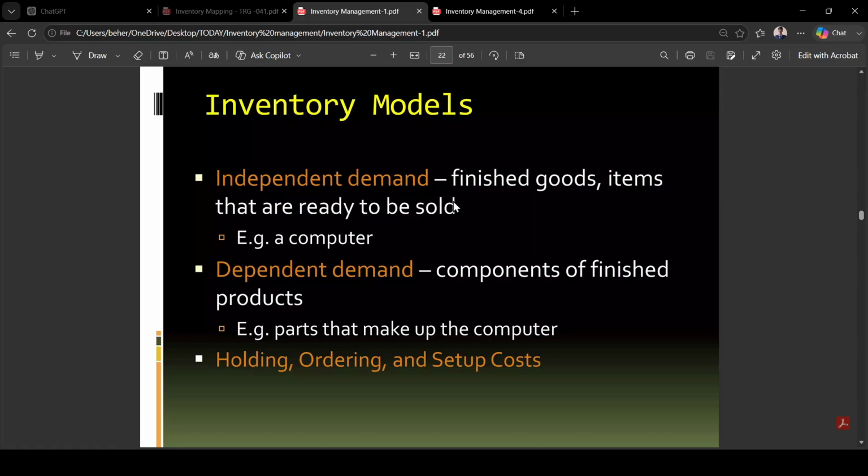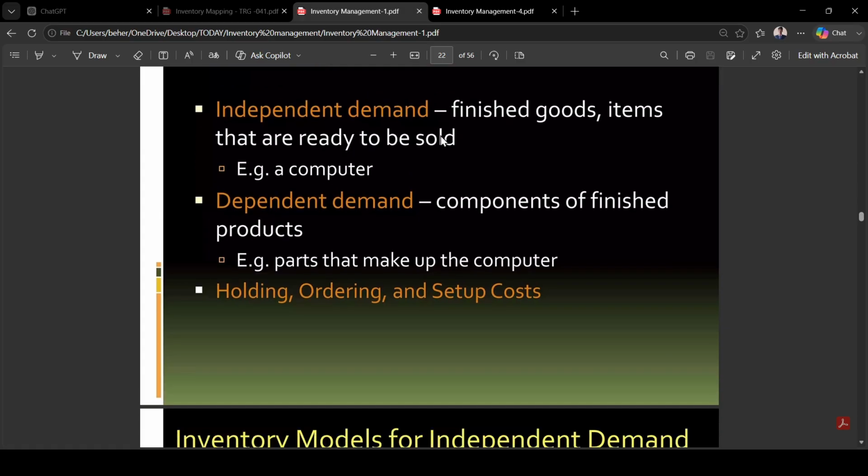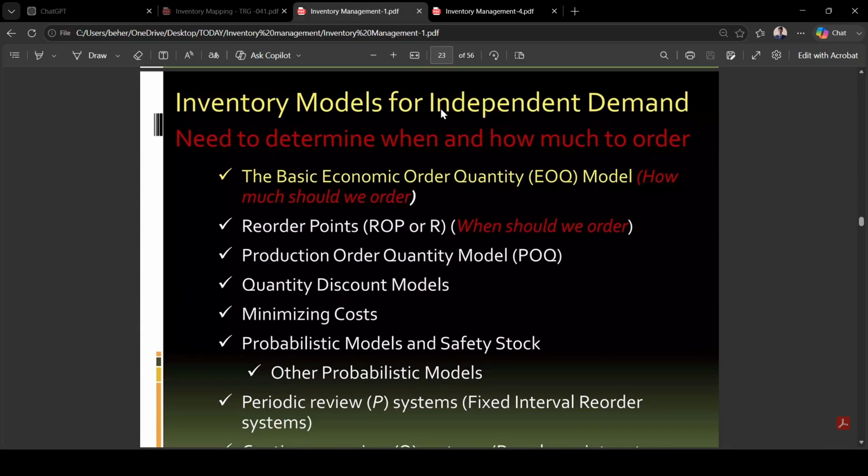We consider holding, ordering, and setup costs. Inventory models for independent demand need to determine when and how much to order. The basic Economic Order Quantity, or EOQ, model answers how much you should order.